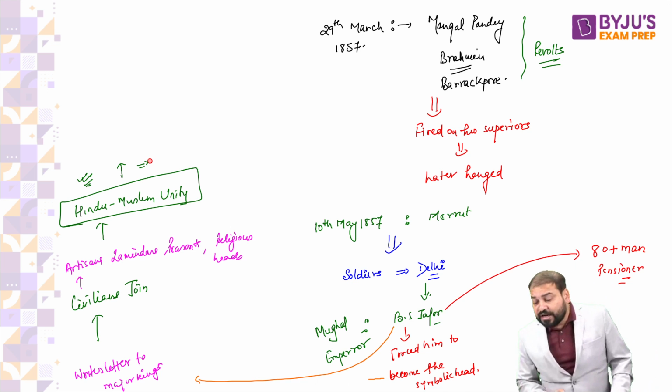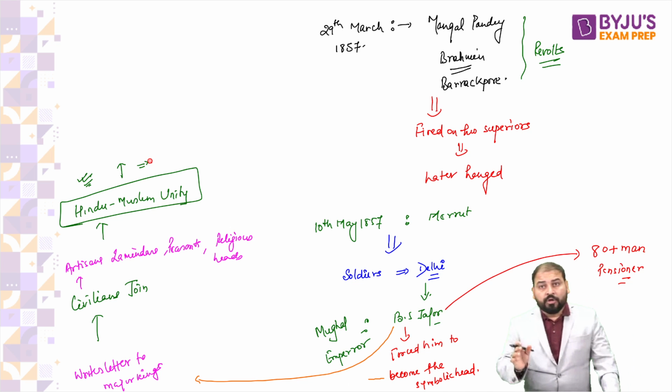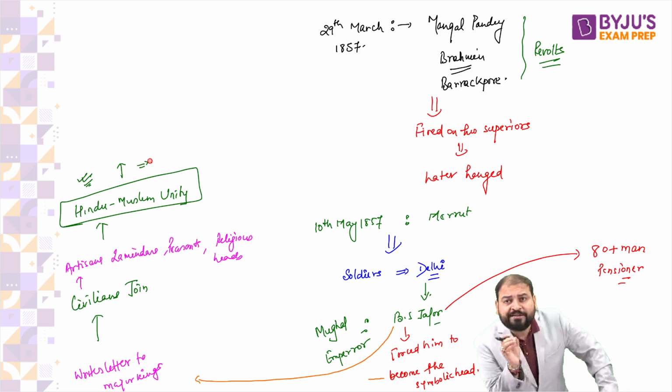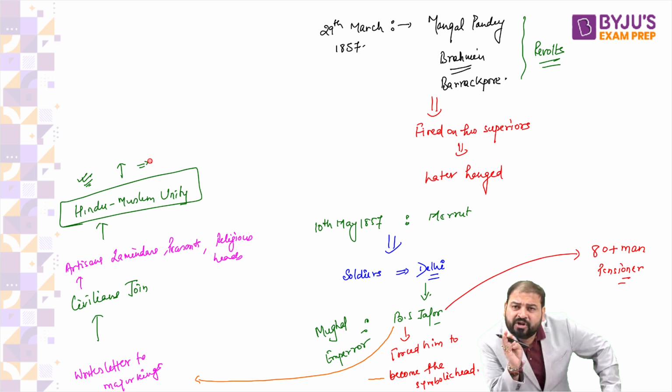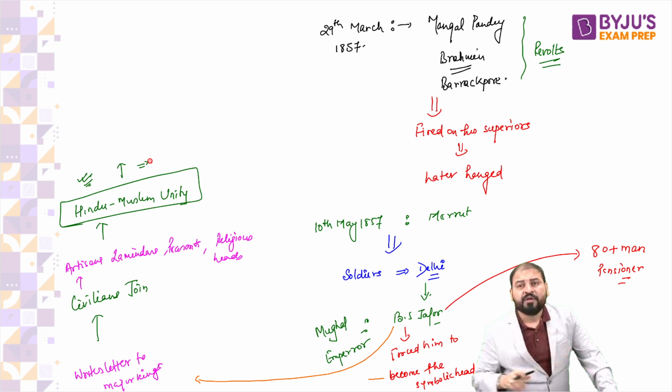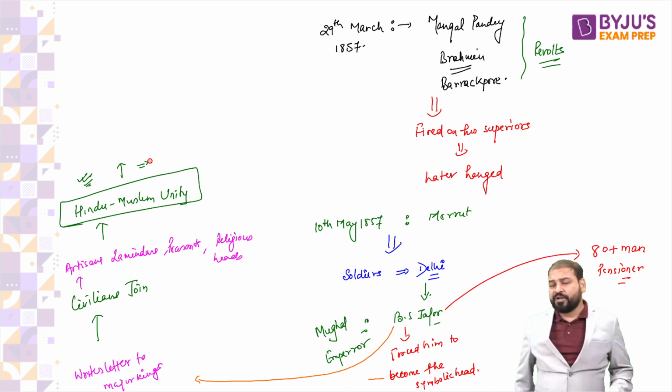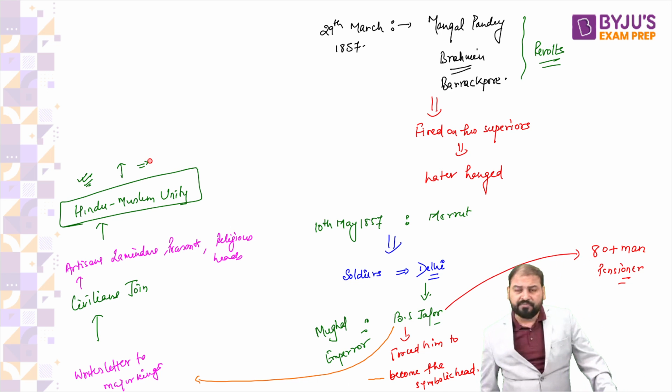Because all of you understand, you studied the causes of the 1857 revolt. Will you all agree that the economic causes hurt both the Hindus and Muslims?